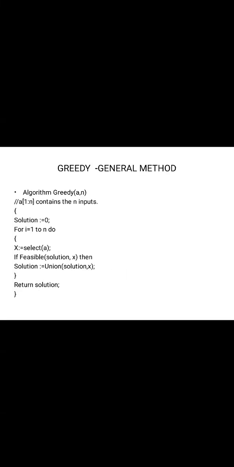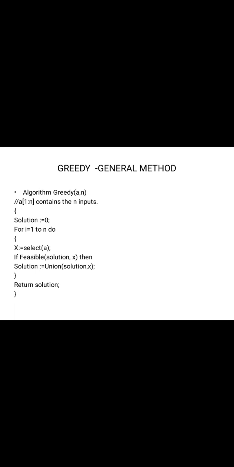So, the greedy general method. This is the general example. As you know, we have already seen the procedure to write an algorithm in Unit 1. The name of the algorithm is Greedy. We take two parameters, a comma n. Here the array a of 1 to n contains the n inputs.